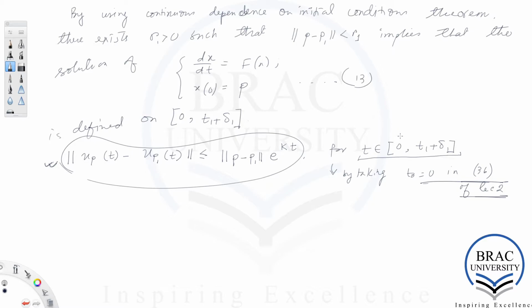It was t0 in that case, the left endpoint of the closed interval, and we choose it to be 0 in this case, and that's why we have this expression. Okay, good. This is our equation number 14.